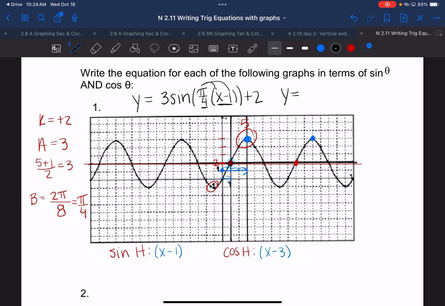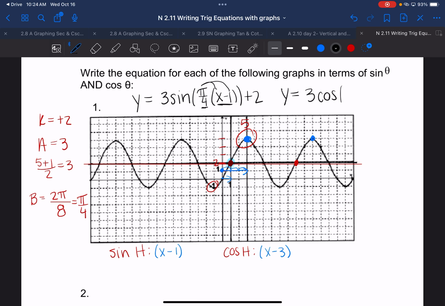Now let's write our equation for cosine. So it should start out the same way. We always put the A value. What was our A? 3. So what comes after cosine?